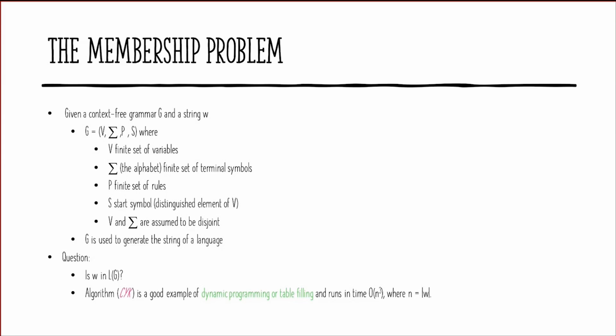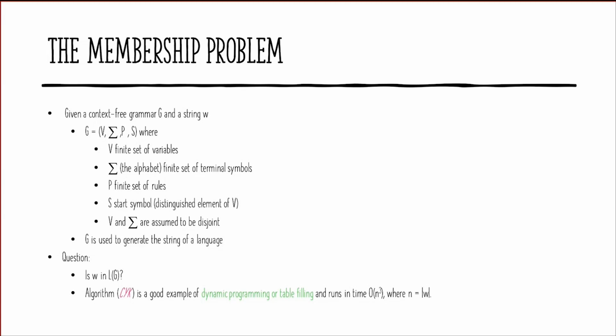Like you have been given a grammar, and for now we are discussing only context free grammar, and we can only apply the CYK algorithm on context free grammar. So you have been given a grammar G, which is a four tuple V, sigma, P, S, where V is a set of variables, sigma is a set of terminals, P is a set of rules, and S is a start symbol or start variable.